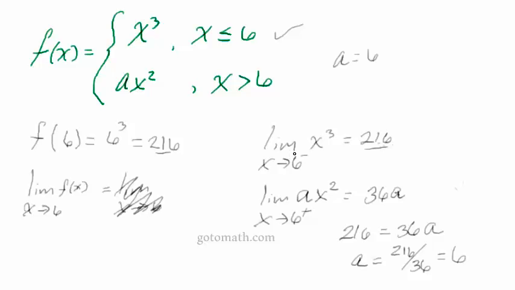So you see how we did that? We looked at the left, looked at the right. Both of these guys have to end up being the same number. Because now if we put 6 right here, we'd end up getting 216 and 216. Now what that means is that this limit right here is going to equal 216.